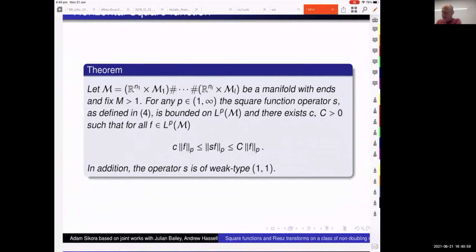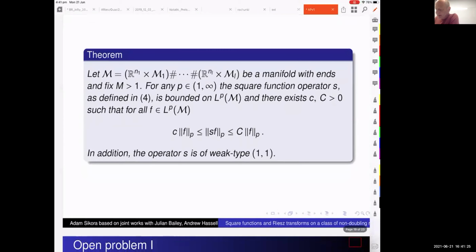You've got the same results which you expect from Rn, from the standard Euclidean operator, right? So this horizontal square function is actually bounded for all p between 1 and infinity. We have type 1, 1 as well, and the inverse inequality is also included.